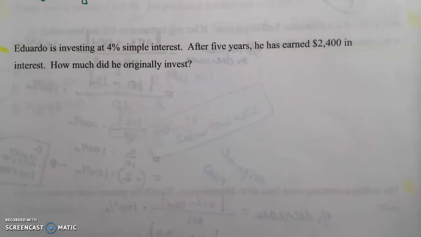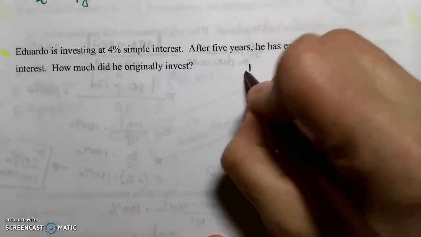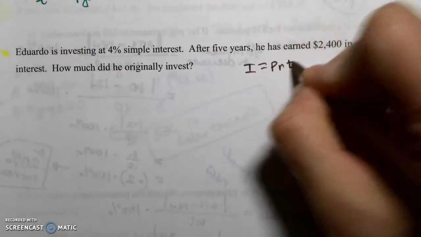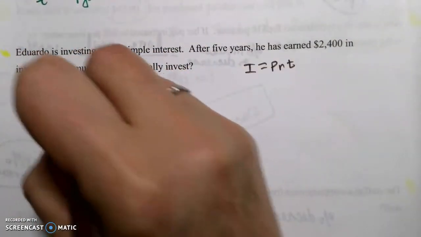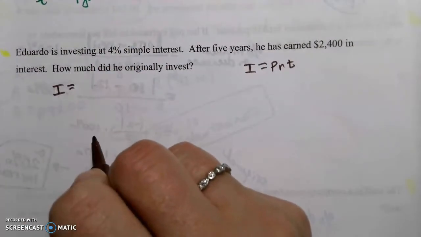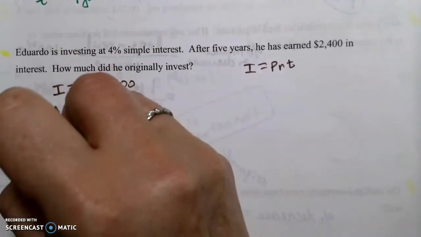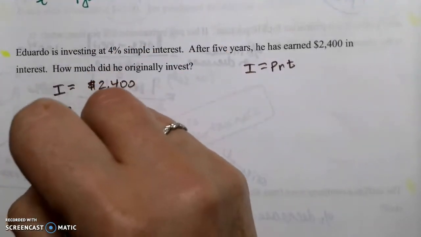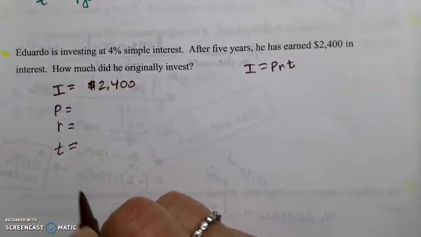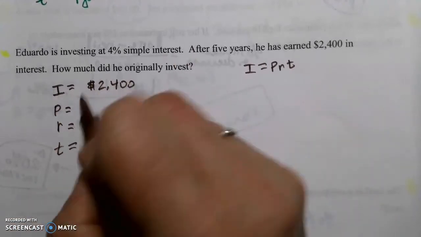So we can also work this formula backwards. So I equals P times R times T. Okay, so interest was $2,400 earned. The principal we don't know. That's how much he originally invested.